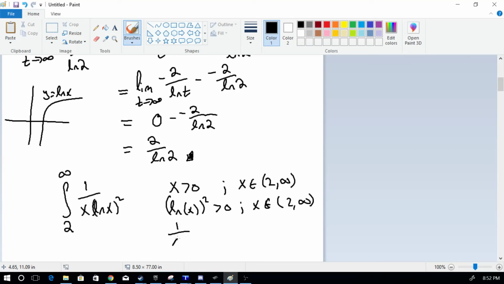So 1 over x ln x squared should be positive. That's good that we got a final answer that's positive. That makes a lot of sense. This is the biggest thing. I see minus signs all the time when there shouldn't be, when we get negative answers when the whole area was positive, so we'll just be very, very careful. Make sure our answer makes sense.